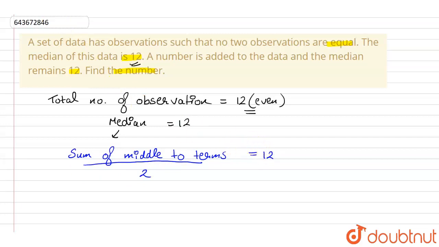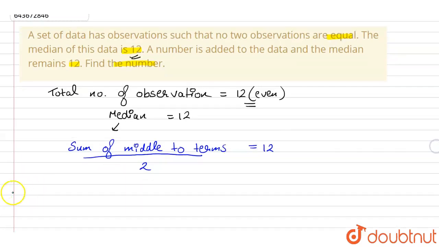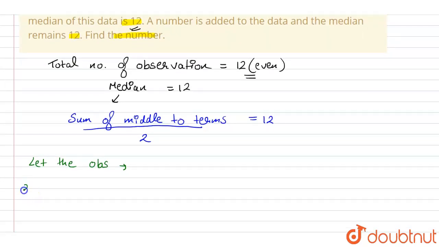Now we'll let these 12 observations be x1, x2, x3, x4, x5, x6, x7, x8, x9, x10, x11 and x12.